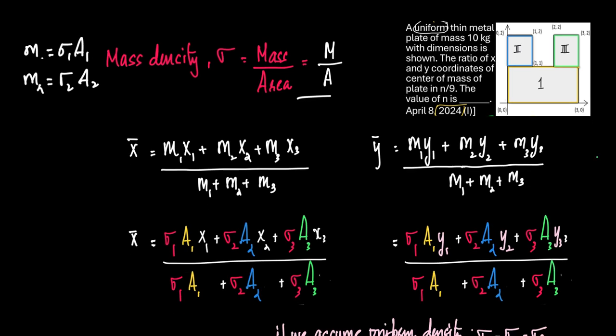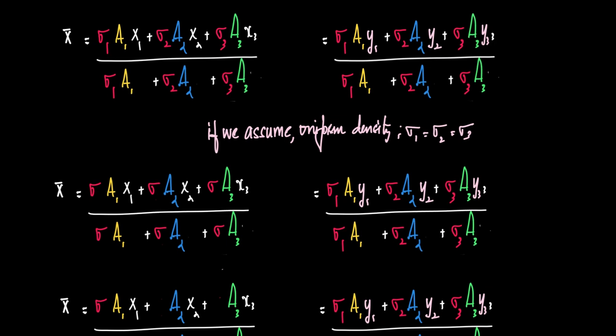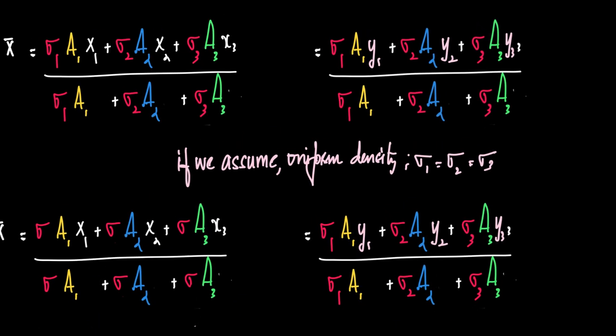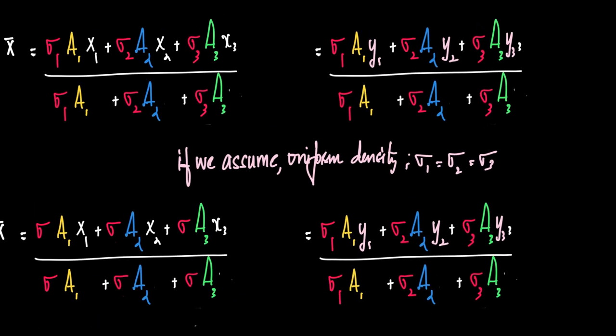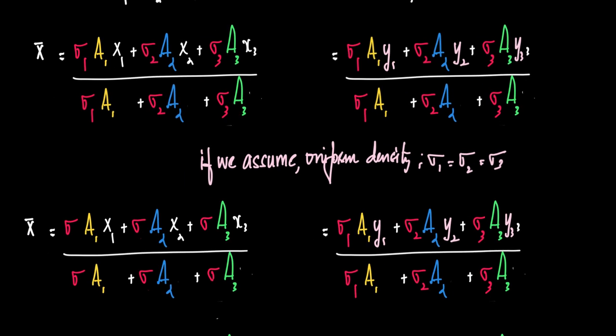Okay. Now, if we assume that the plate is of uniform density, then we know that sigma 1 should be equal to sigma 2 equal to sigma 3. These can be written as sigma.